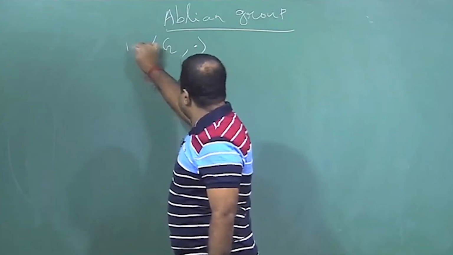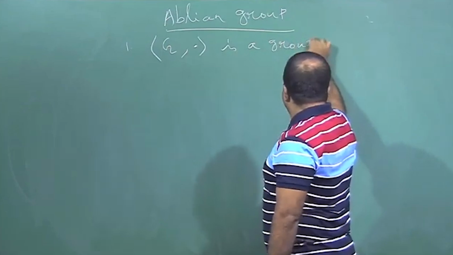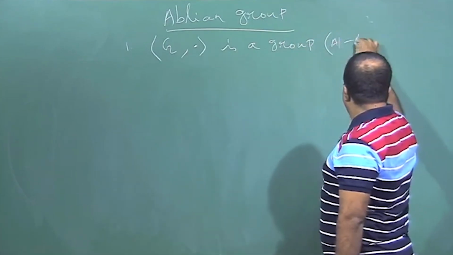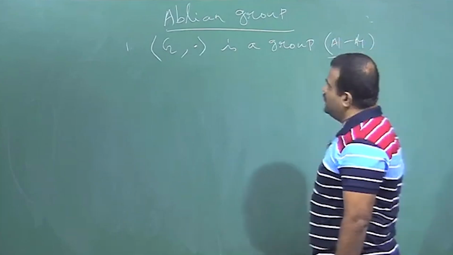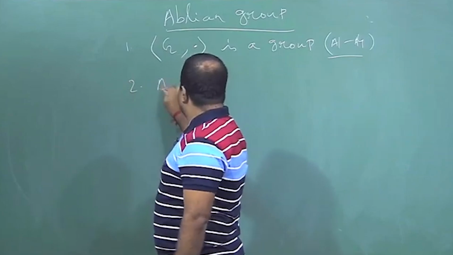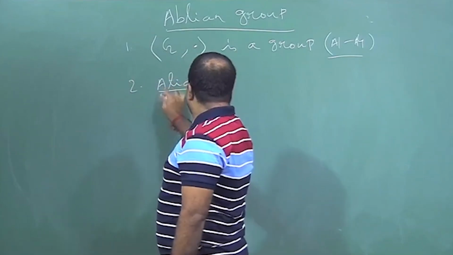That means it must satisfy all the 4 properties, A1 to A4, and then it should satisfy the abelian or commutative property.